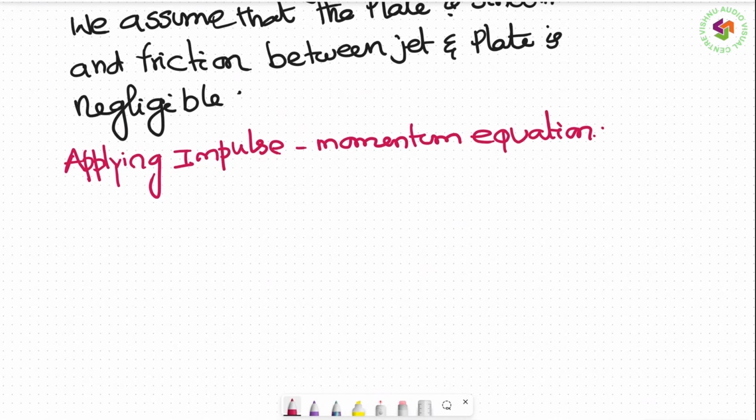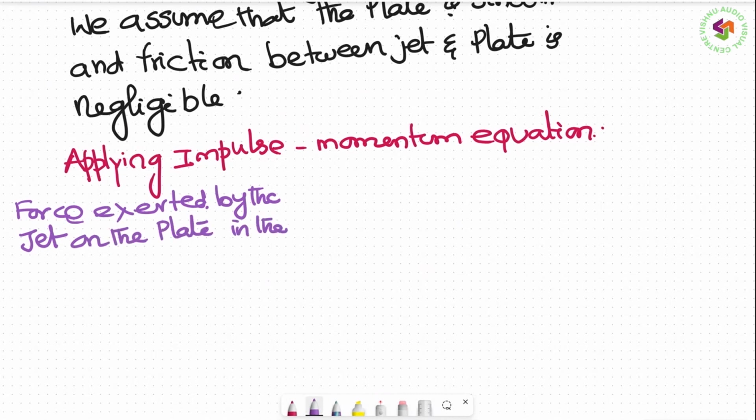Force is equal to mass of fluid flowing per second into initial velocity minus final velocity. So again, I will write for your convenience sake. Force exerted by the jet on the plate in the direction of incoming jet, please see, incoming jet is in which direction?